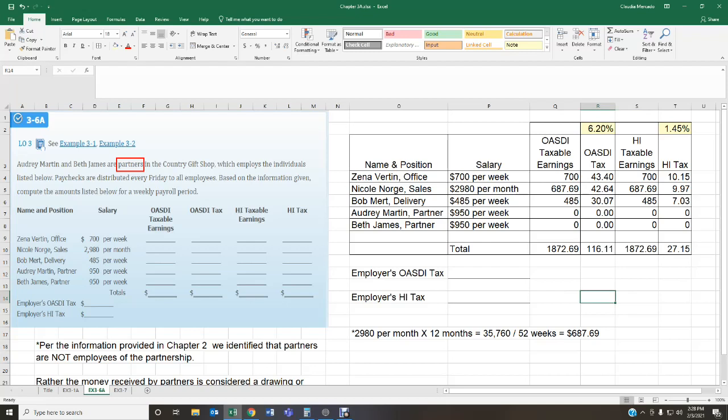And remember, just like I forgot, don't forget to make that modification for Nicole, because Nicole is on a monthly basis, and we are being asked to calculate on a weekly payroll.